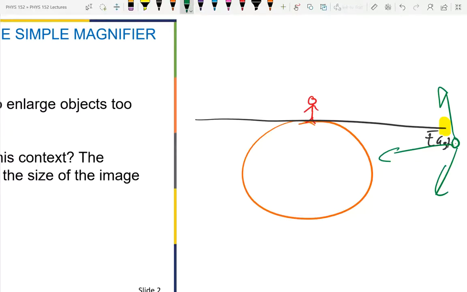So we have the light that's coming like this, and it hits the Earth's atmosphere. And so the normal for the atmosphere is like this, and it bends toward normal. So it comes out more like that. And so it turns out that we actually are seeing the sun on the horizon when it's below the horizon.